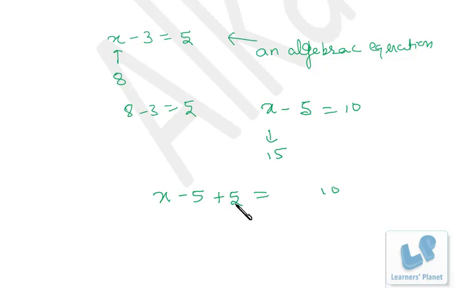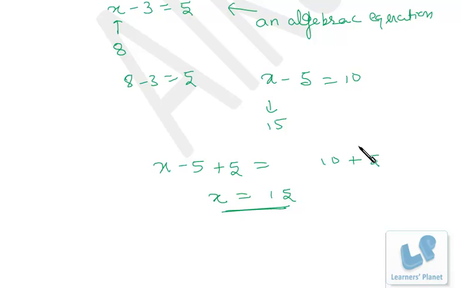And if we are adding 5 over here, then we should add 5 over here also, right? Then only the equation will be balanced. We cannot add a number on one side without adding it on the right hand side. Okay, now it is x minus 5 plus 5, that means x, and is equal to 10 plus 5, that is 15, right? So this is what we have done. We have done balancing over here, right?